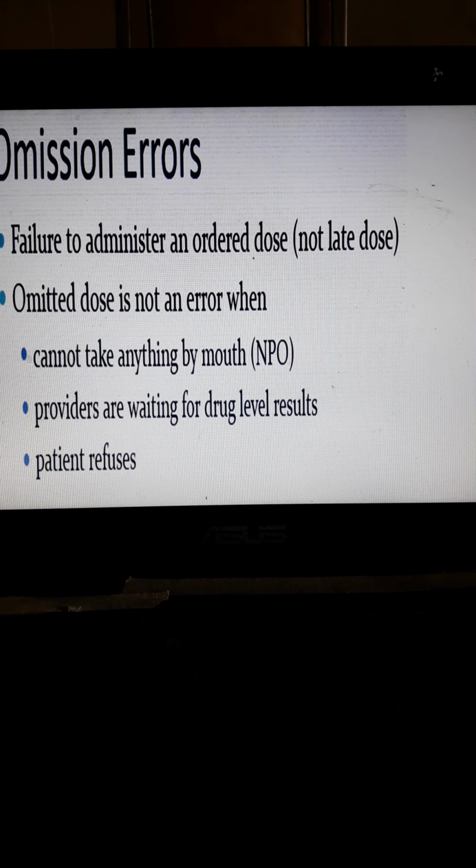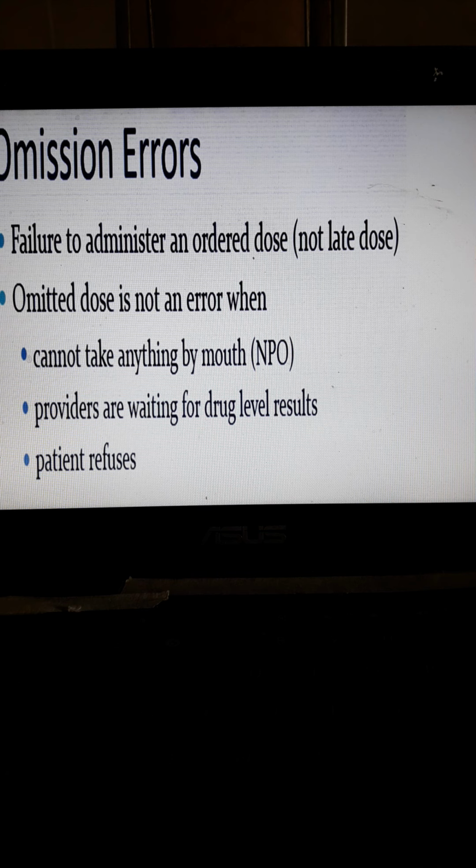Drug level results are based on the plasma concentration of the drug itself. Drug level is very important because if there is a higher level of the drug present in the plasma, it will lead to a toxic effect.